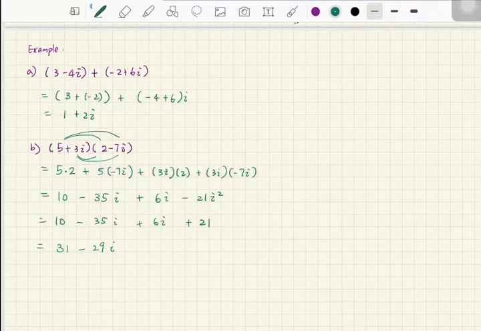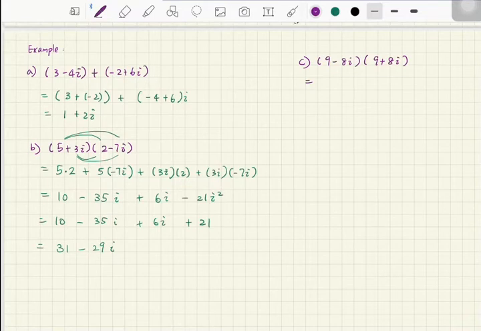To do one more multiplication problem, I will do 9 minus 8i times 9 plus 8i. For this one I can use the FOIL method, or I can just use the formulas.